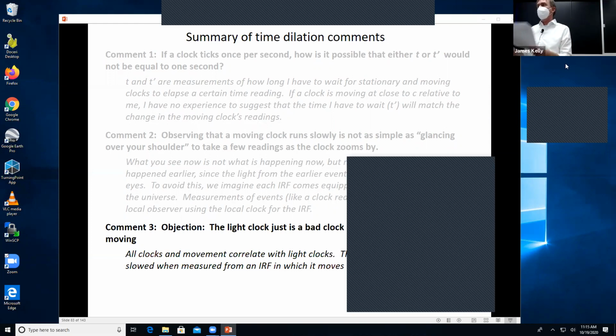And we're going to find out that's different than the length it has when it's at rest. But as it's moving by us, we see the distance between the mirrors as being distance L. And the clock itself is moving along at speed V.